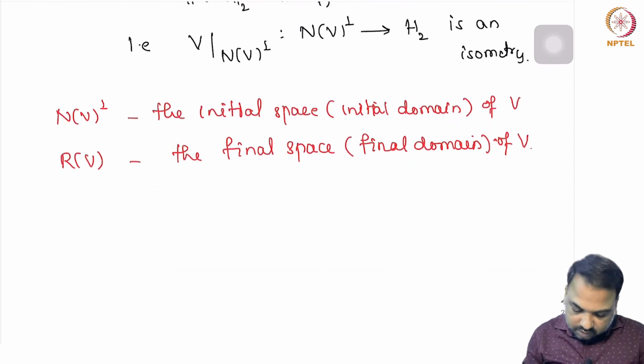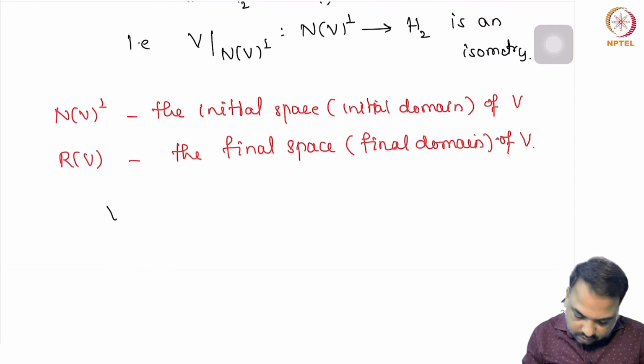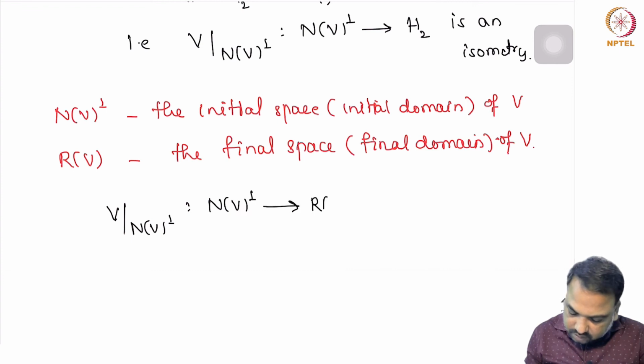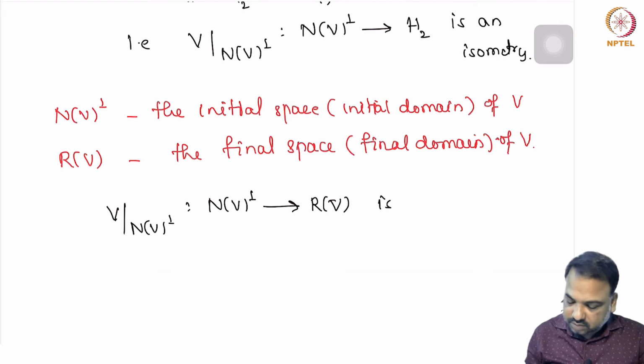So that means when you look at this map, V restricted to null space of V perp, from null space of V perp onto range of V, this is a bijection and an isometry.